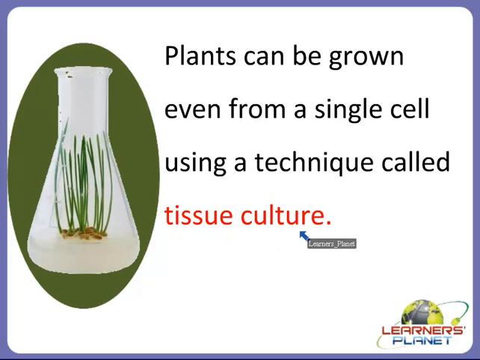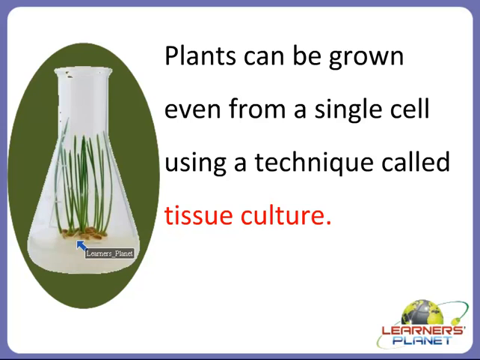Culture means providing all the nutrients, the right amount of water, air and sunlight, right? So the plant will get warmth from the sunlight, it will get air, water and nutrients, and enough space to grow, and this is termed culture. And tissue means we are just putting a single cell, and then after some time we can see that plants are grown.